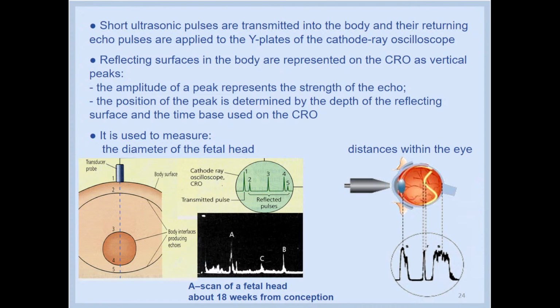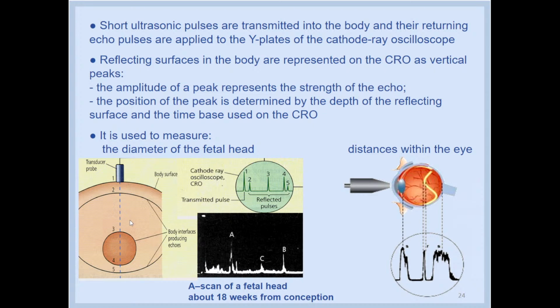Reflecting surfaces in the body are represented on the CRO as vertical peaks. You can see this cathode ray oscilloscope screen, and these reflected signals are represented here as these kinds of peaks that correspond to the interfaces the ultrasound reflects from.